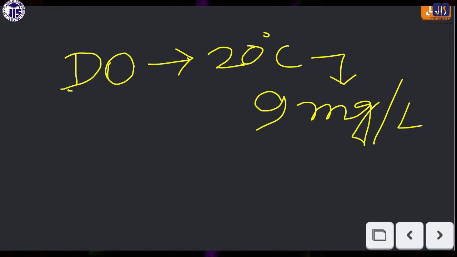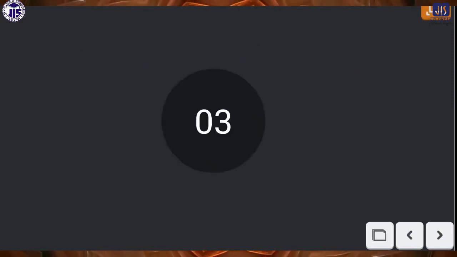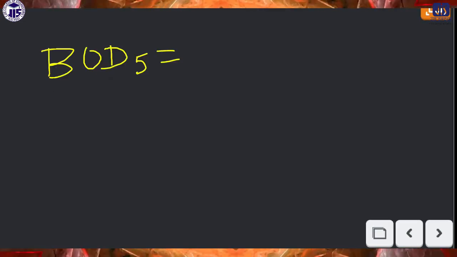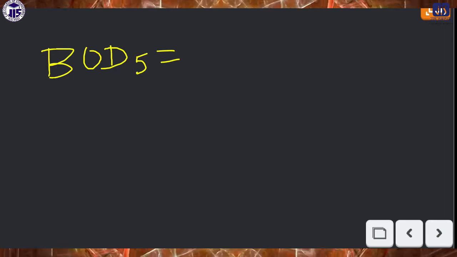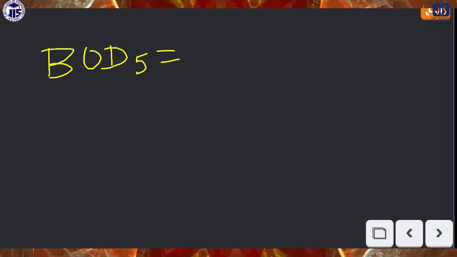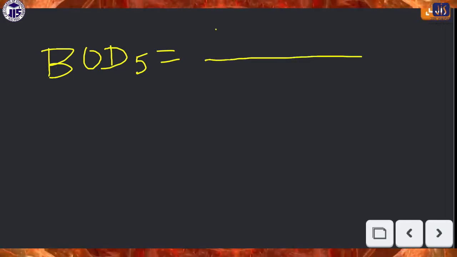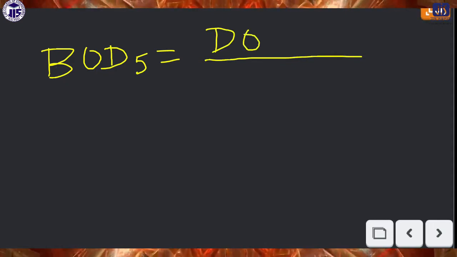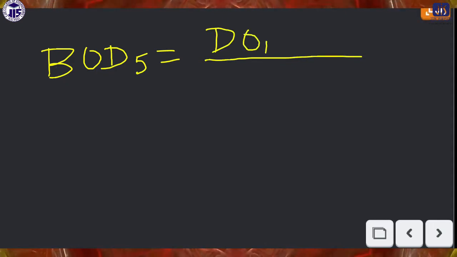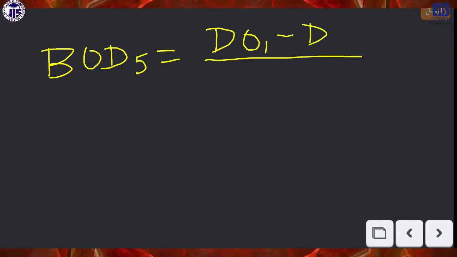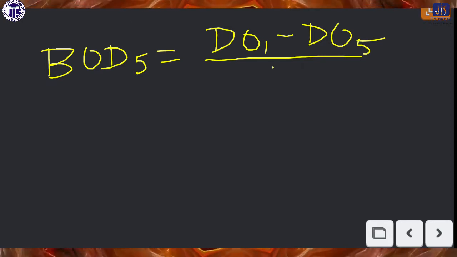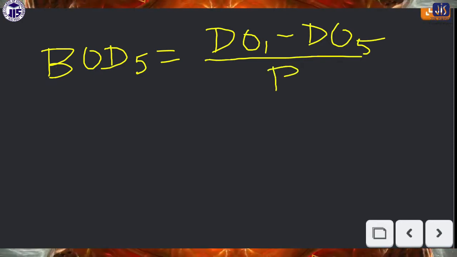Then what equation is applicable for the 5-day BOD test? We can write that BOD5 equals DO on the first day minus DO on the fifth day, divided by P. I will explain all these things.